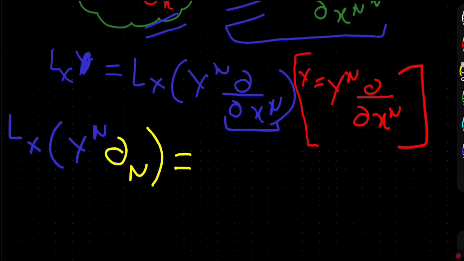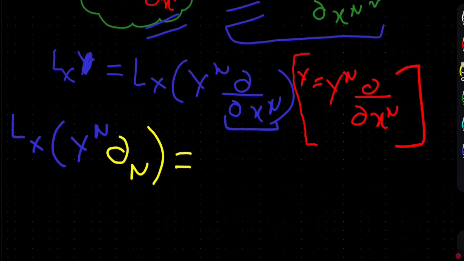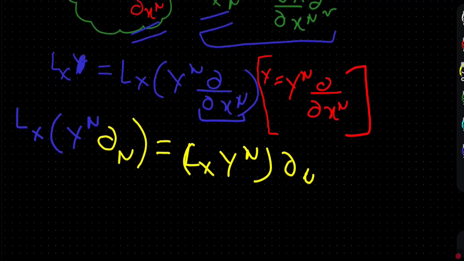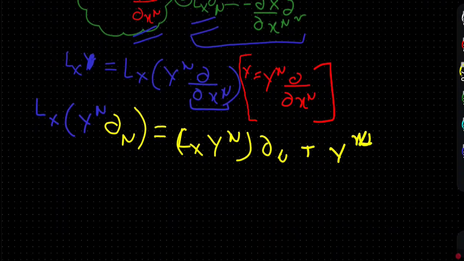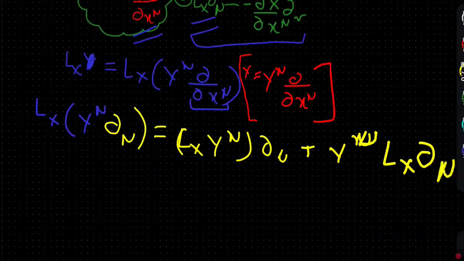The Lie derivative follows the linearity rule and all of the rules that you have studied in the section on vector fields and Lie derivatives. You can also see that in David Tong's lecture notes, very excellent notes. So it will act like this: first of all it will act on Y^μ, then ∂_μ stays, and then plus Y^μ, and now this L_X will act on this ∂_μ.